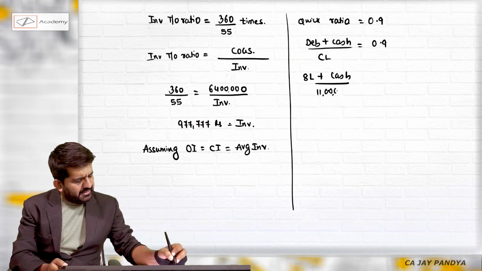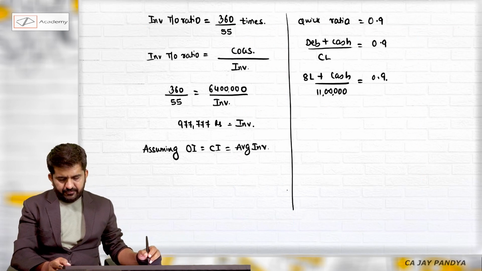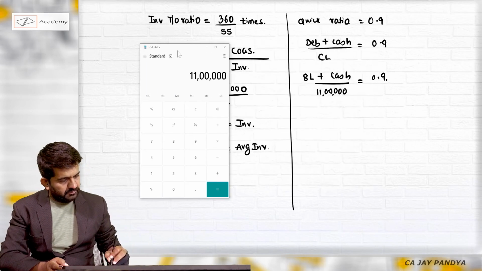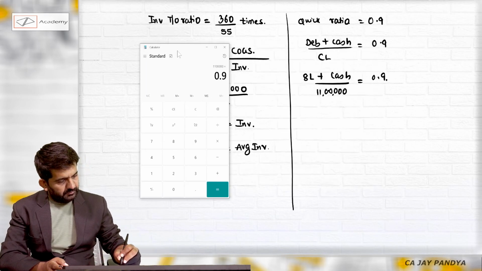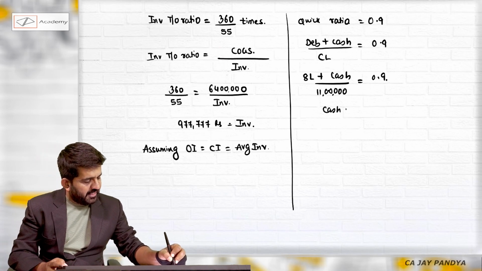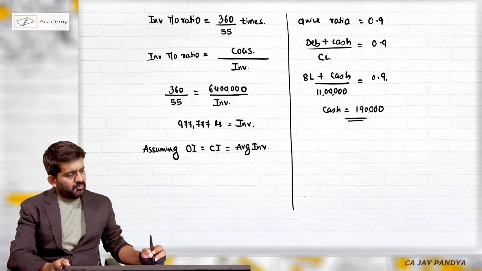Current liability is 11 lakh rupees, equal to 0.9. Which is 1,90,000. So cash is 1,90,000. So in two figures we have got this one figure, 1,90,000.